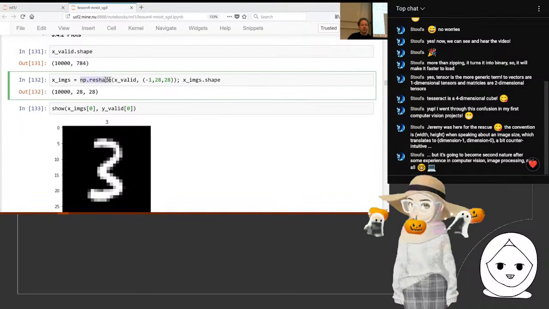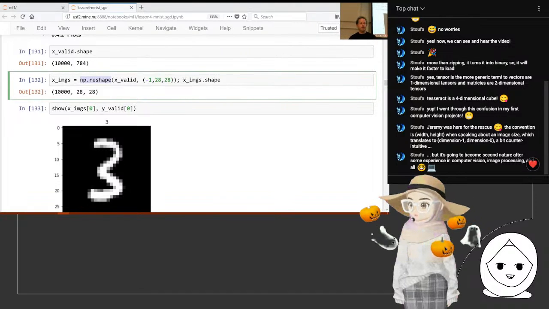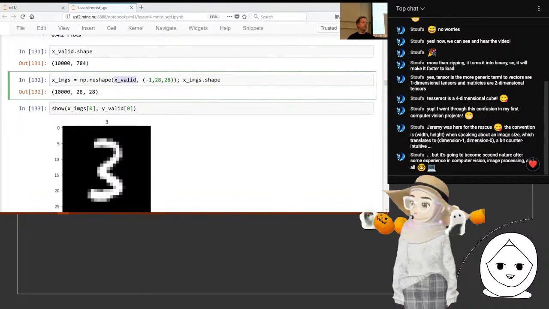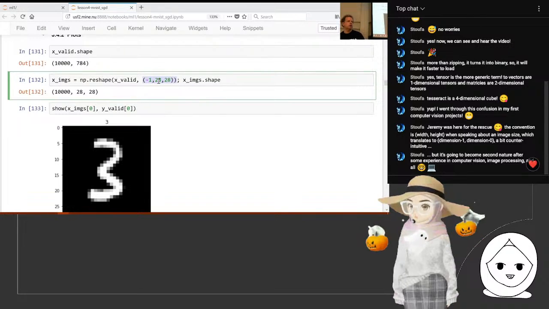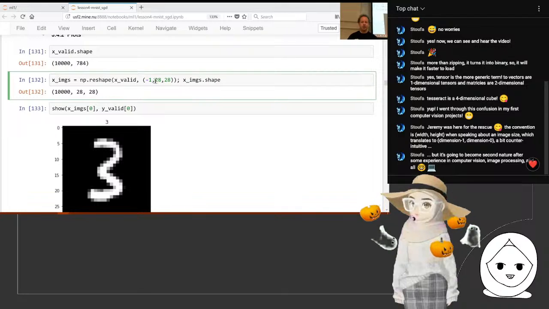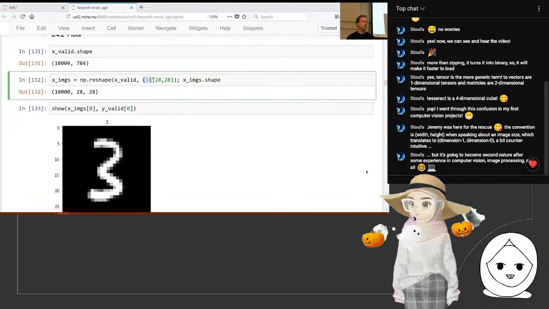NumPy has a reshape function that takes a tensor in and reshapes it to whatever size tensor you request. Now, if you think about it, if there are d axes, you only need to tell it about d minus 1 of the axes you want, because the last one it can figure out for itself, right?